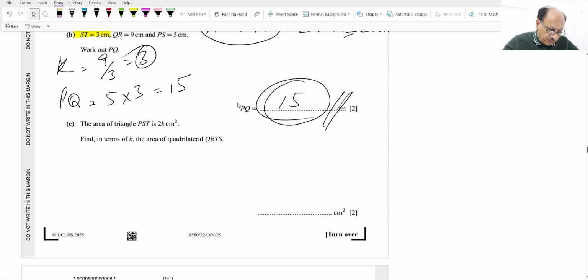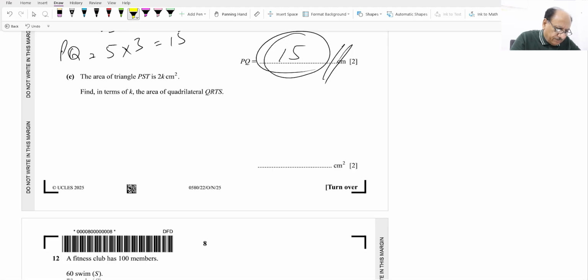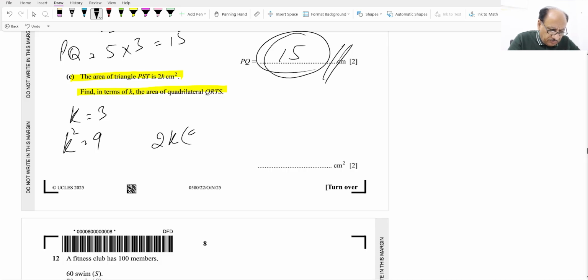Hopefully you understand this. Now C part, they're saying the area of triangle PST is 2K. Find, in terms of K, the area of the quadrilateral QRTS. So the same K value is 3, and 3 squared will be equal to 9. So we can use this 9 as a factor. 2K multiplied by 9 will be equal to 18K, and 18K will be the total area.